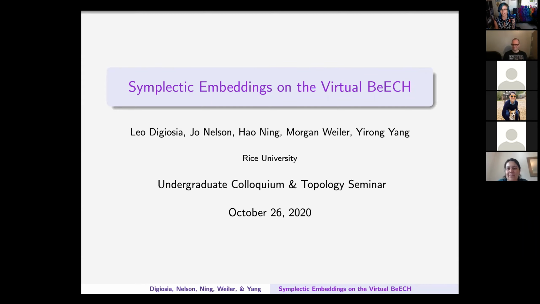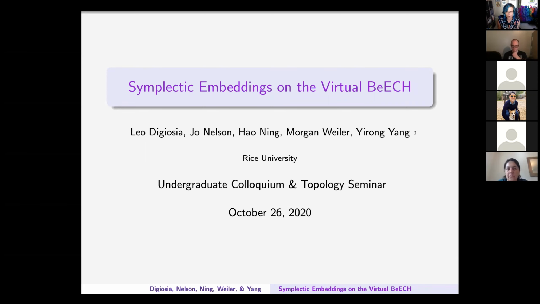We'll start pretty easy with what the definition of a manifold is and some nice properties they have, then move on to symplectic forms, and give a brief overview of embedding problems in symplectic geometry, and then the progress that we made. Hao and Yirong will also give a sketch of our proof.